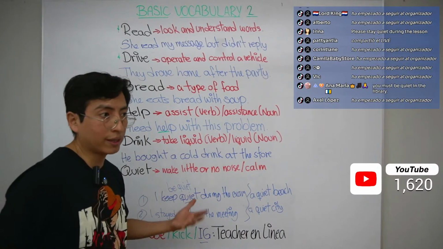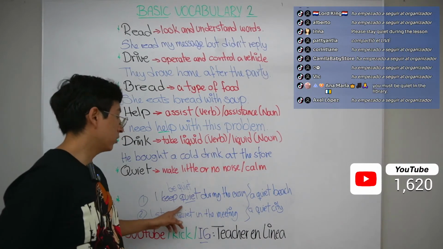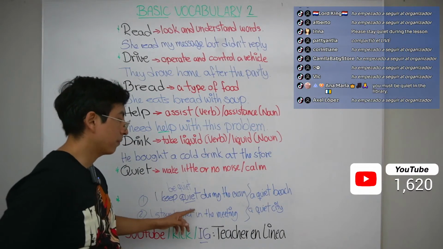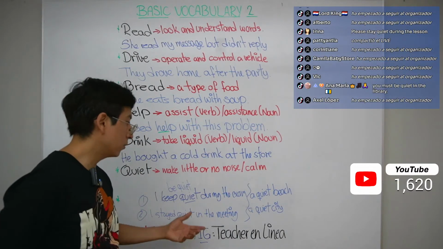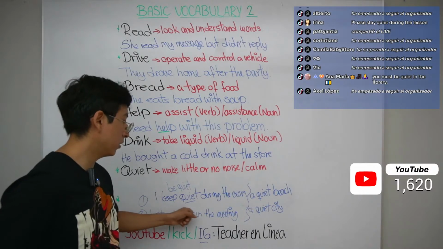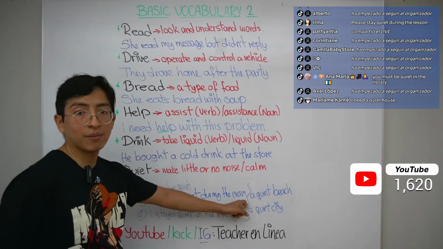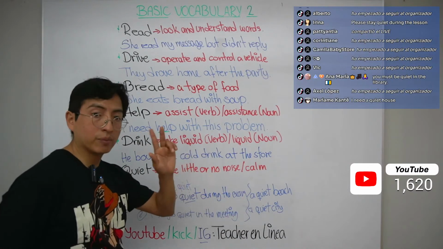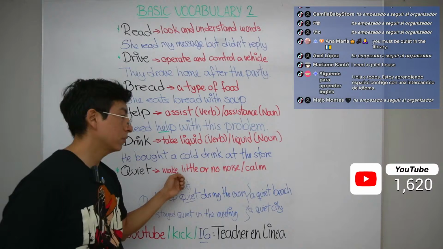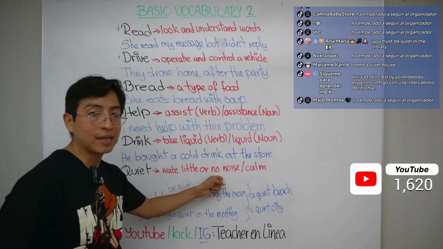Es decir, no hagas ruido. Otra opción, keep quiet. No hacer ruido, por ejemplo, yo no hago ruido durante el examen. Puede ser que estés hablando bajito o que no hables nada.